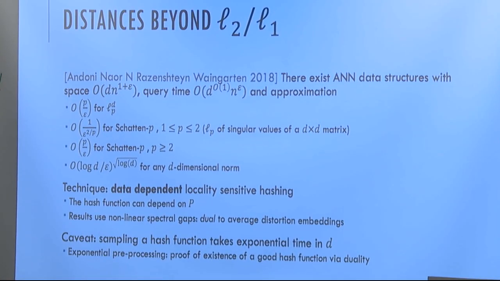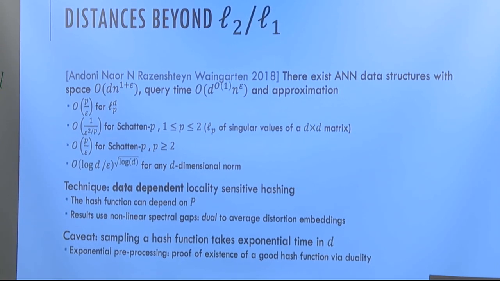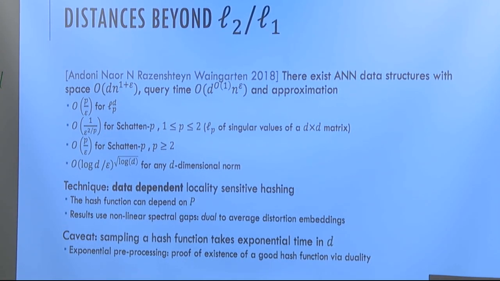Basically what we could show is that there exists some distribution on hash functions. We can sample from this distribution in time exponential in dimension. And once we sample from it, we can compute the hash function quickly. So we do get a data structure where query time is fast and the space is small, but constructing it takes exponential time.